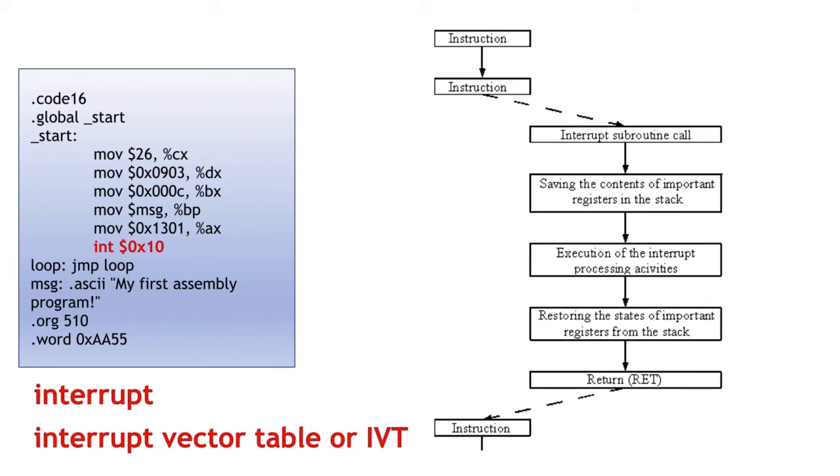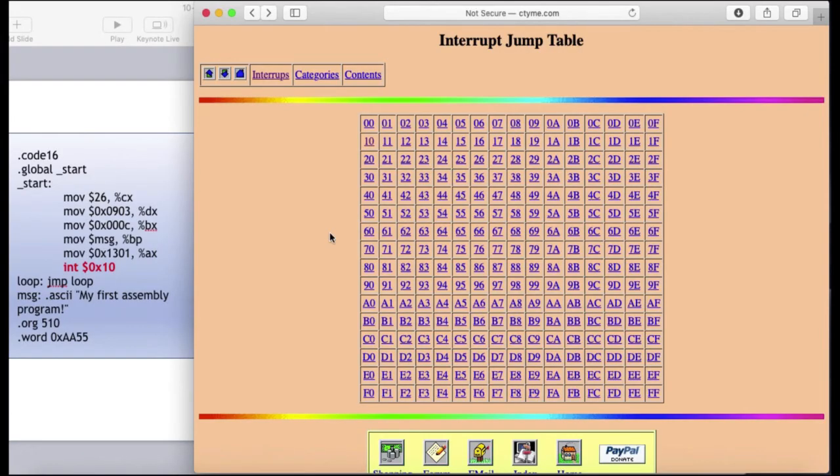The only confusion for us now would be how the interrupt instruction works for our program. Let us go search for the answer. Right, we have a look at the IVT, the interrupt vector table.